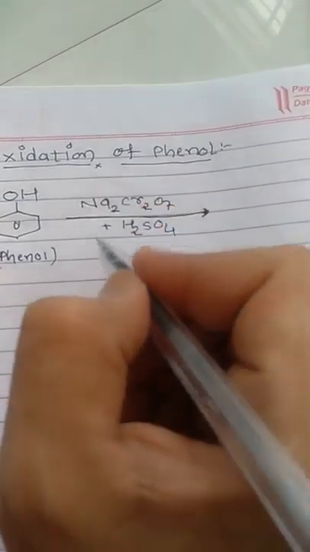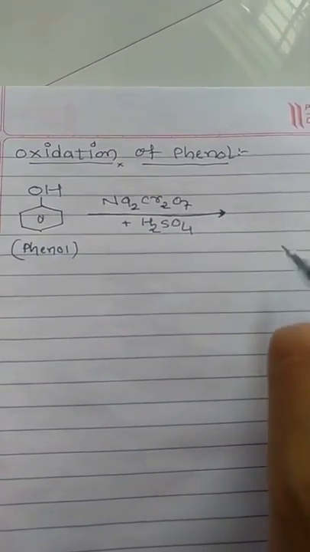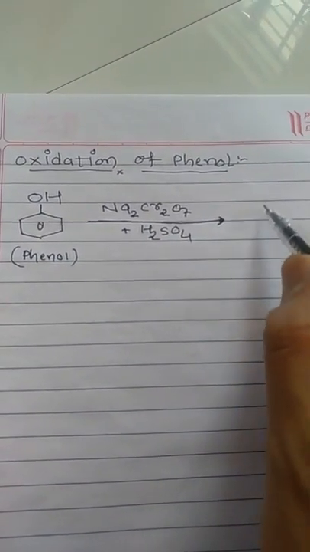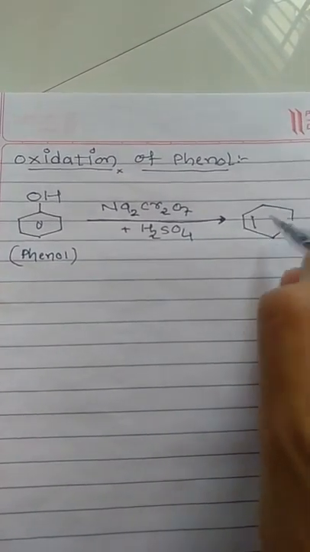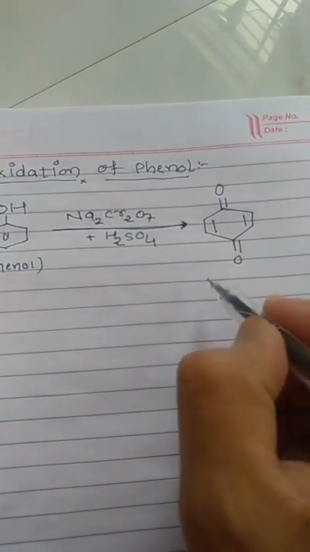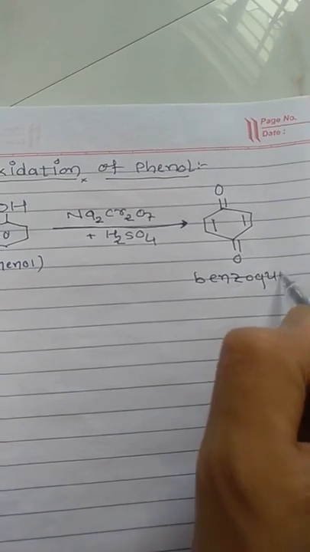Both these reagents act as strong oxidizing agents. Due to the strong oxidation reaction, it is converted to this compound. This compound is called benzoquinone. So I will write the name over here, benzoquinone.